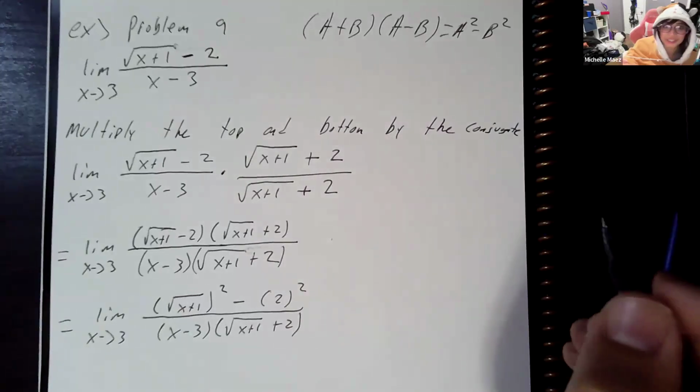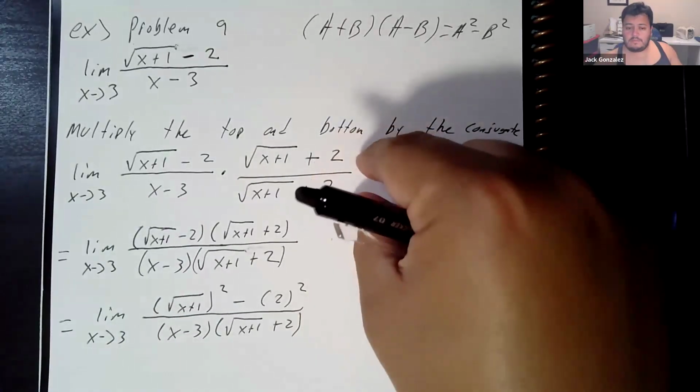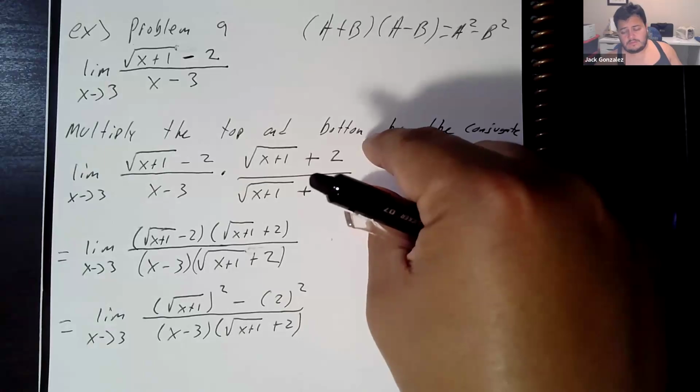Yes, I have a question. On that second step right there, where you have the two fractions divided or multiplied by each other, how did you get the denominator to be the square root of x plus 1 plus 2? So I'm multiplying both the top and bottom by the square root of x plus 1 plus 2.